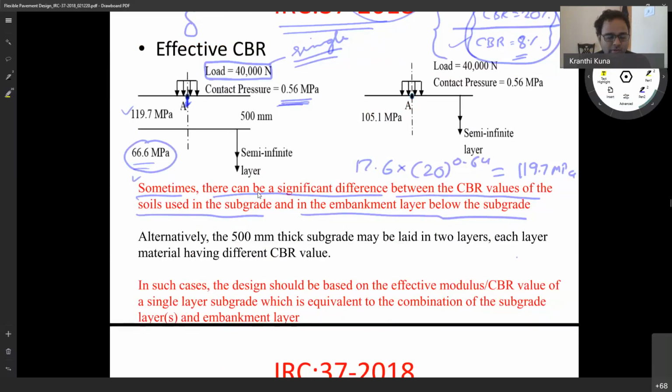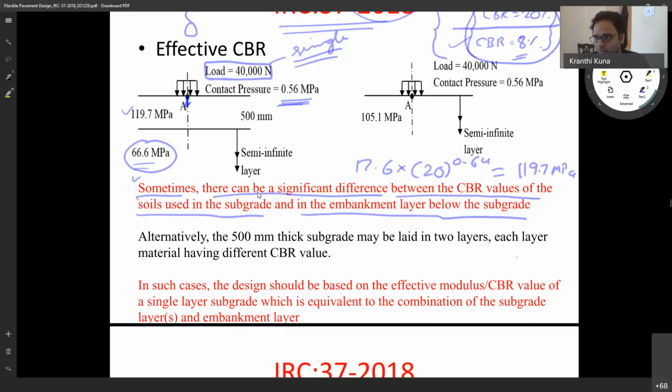We solve the problem that we discussed using IITPAVE. Obviously, I will be discussing other examples and, as I said, staged construction, how we can address it, and if we have a cement treated base, how we do the cumulative damage approach. All these cases we'll discuss one by one, but we'll start with this effective CBR calculation.